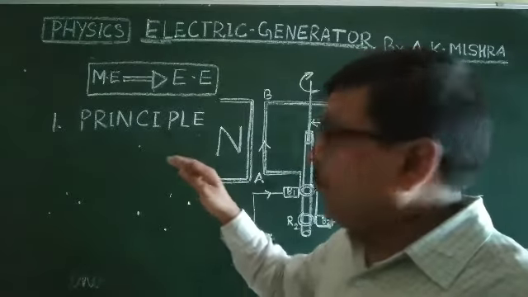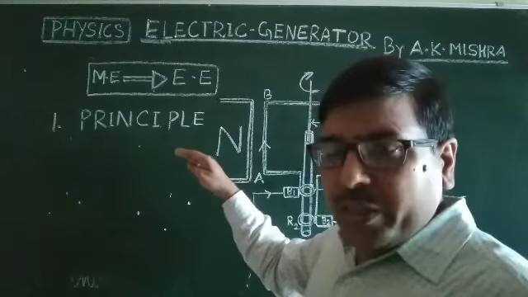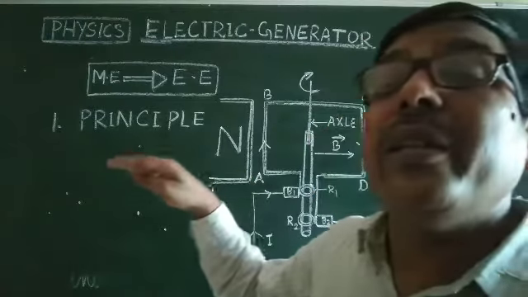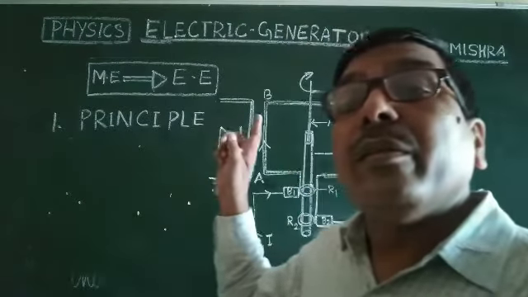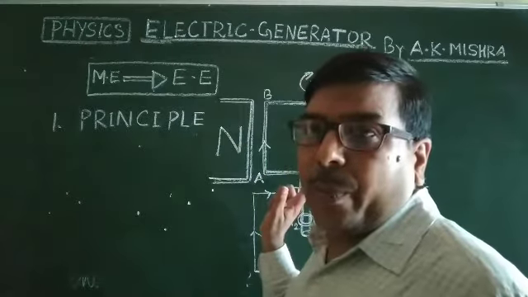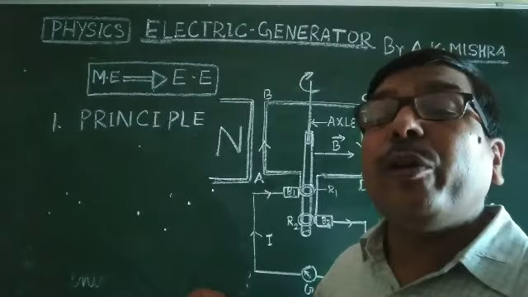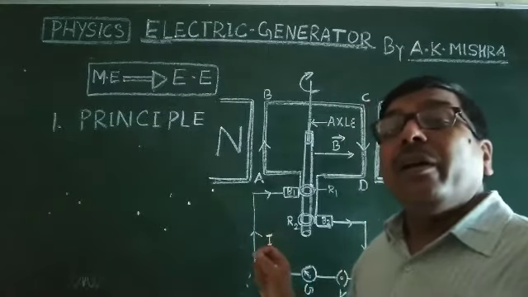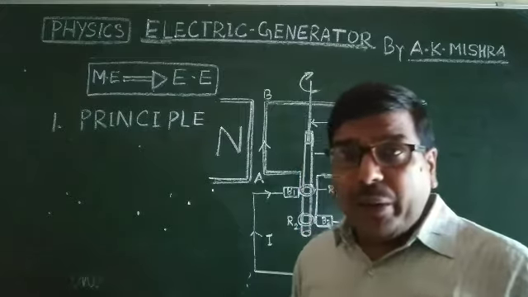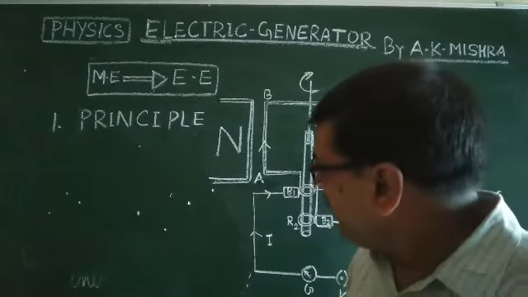So the principle on which the electric generator is based is electromagnetic induction, and the direction of induced current is determined by the use of Fleming's right hand rule.